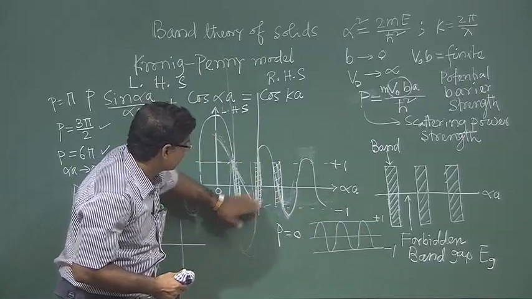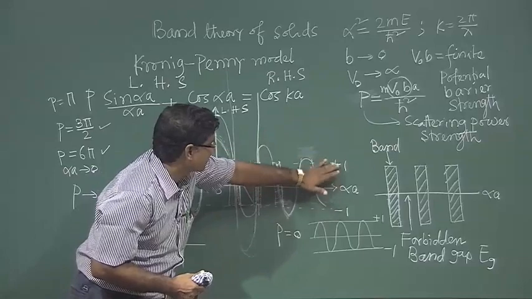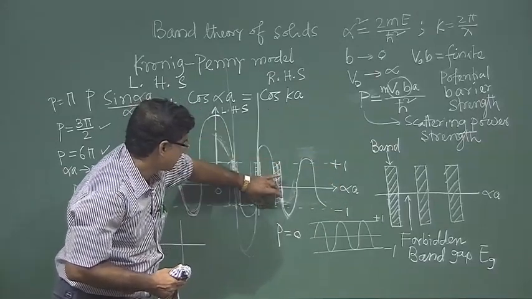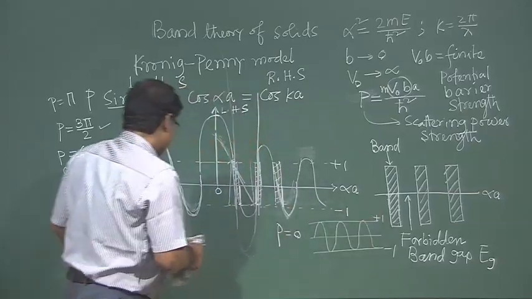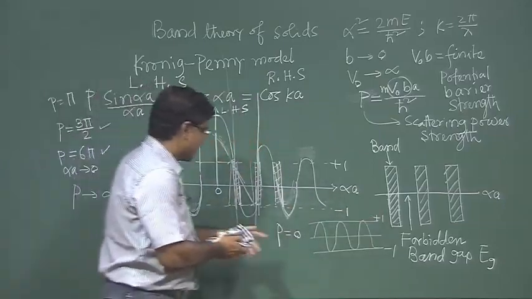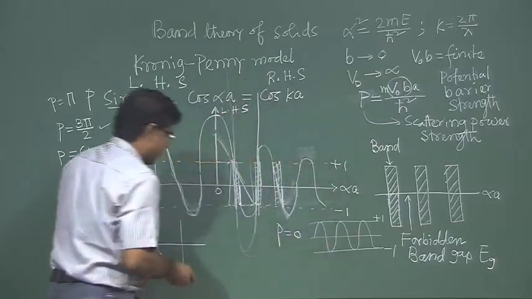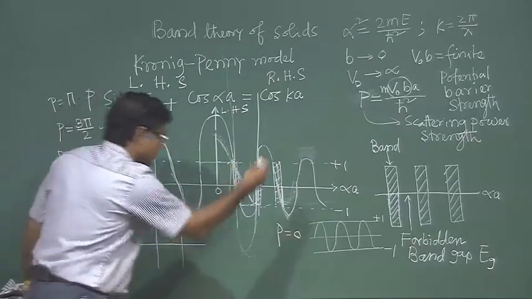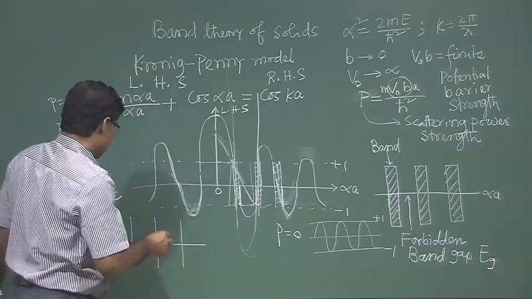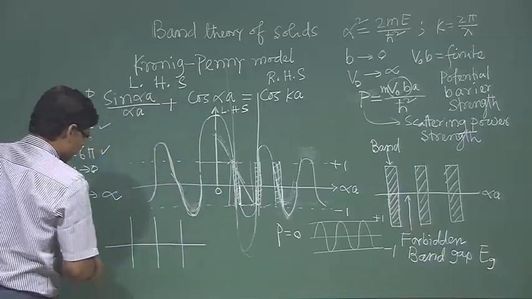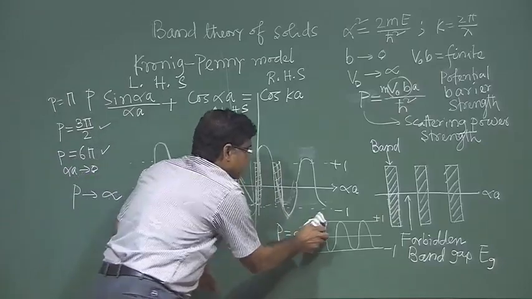Here it was not allowed, because the part which was going out of +1 and -1 was forbidden. Now, no part is going out. Okay. So, all values are allowed. So, for p equal to 0, whatever energy spectrum you will get, I can draw it.